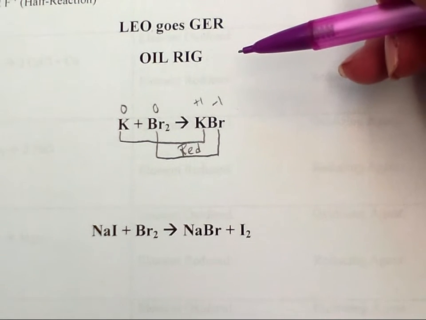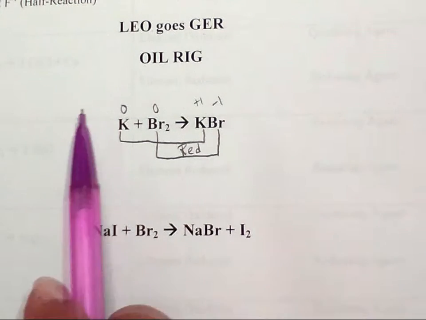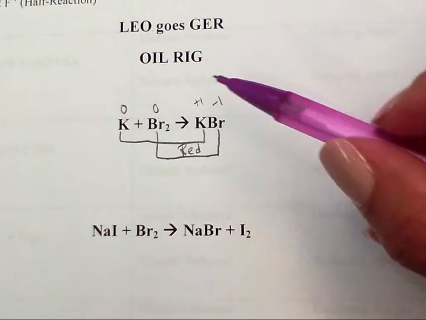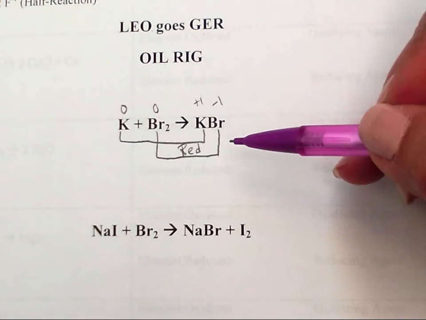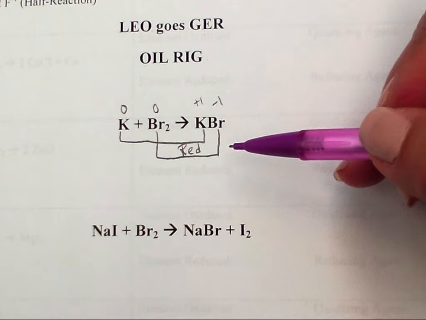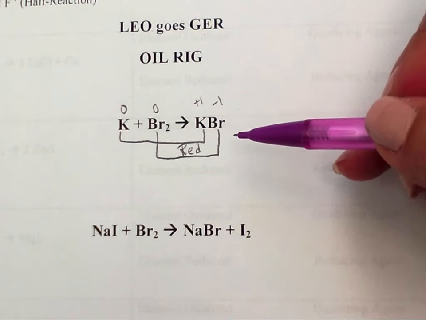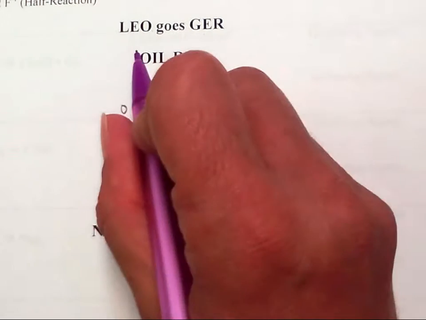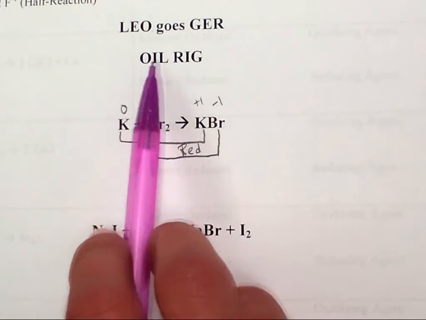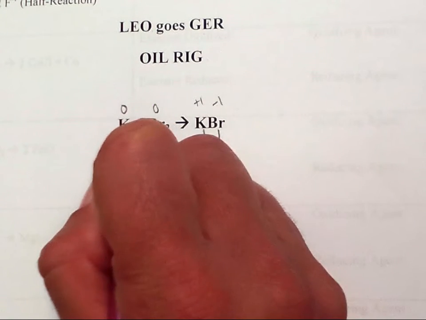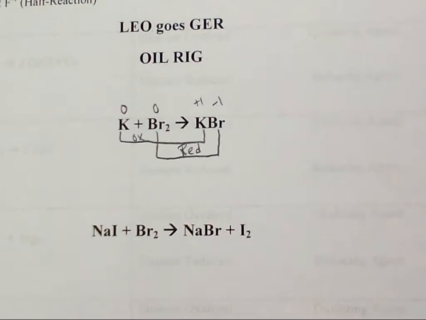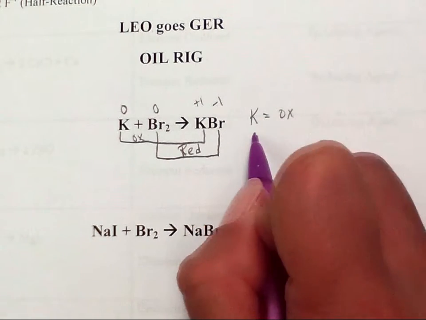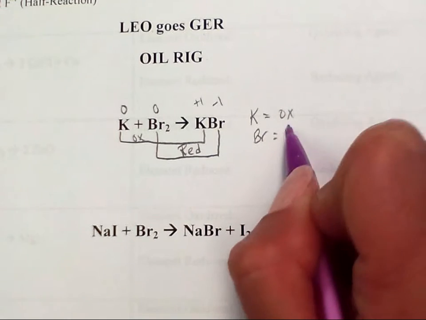It almost sounds like it's the opposite. Potassium goes from a 0 charge to now a positive charge. It has one additional proton, meaning that it has actually lost an electron. And when something has lost an electron, it is oxidation. Oxidation is loss, and so potassium is oxidation. Okay, so potassium is oxidation and bromine is reduction.